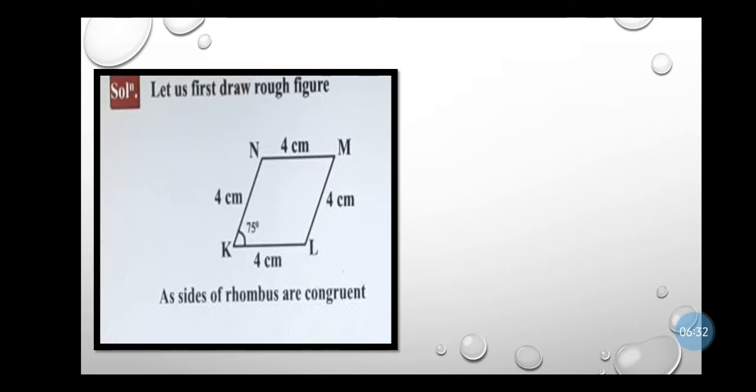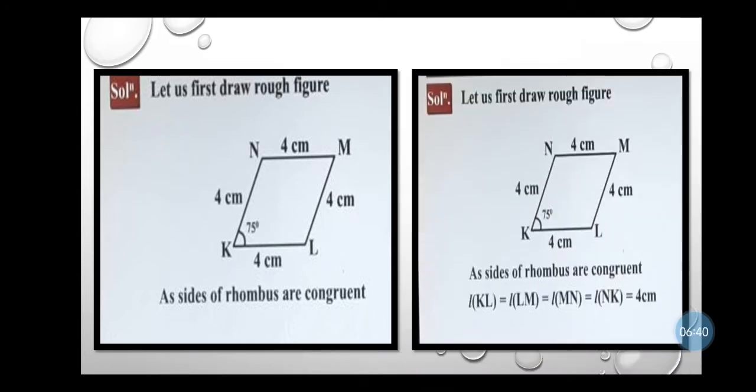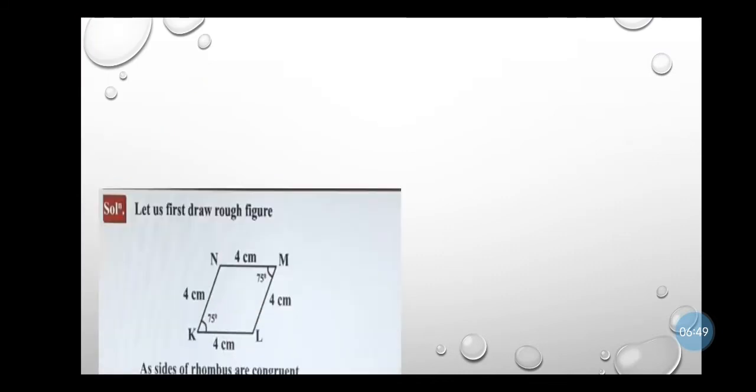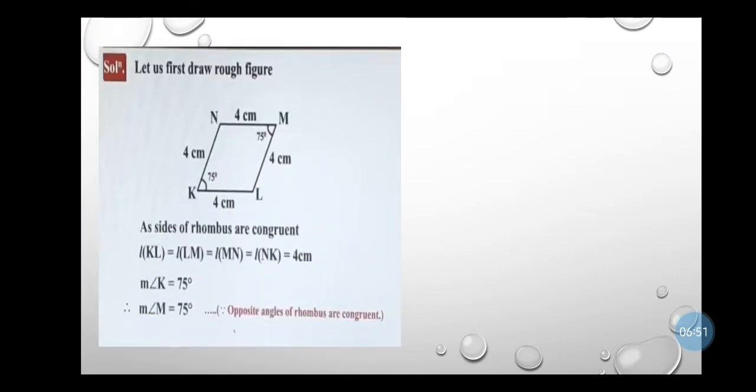Let us draw a rough figure. This is a rough figure according to the given condition. Now, as we know, the sides of rhombus are congruent, so we have written it 4 centimeter everywhere. We are provided with the measure of one angle, that is angle K is equal to 75 degree.